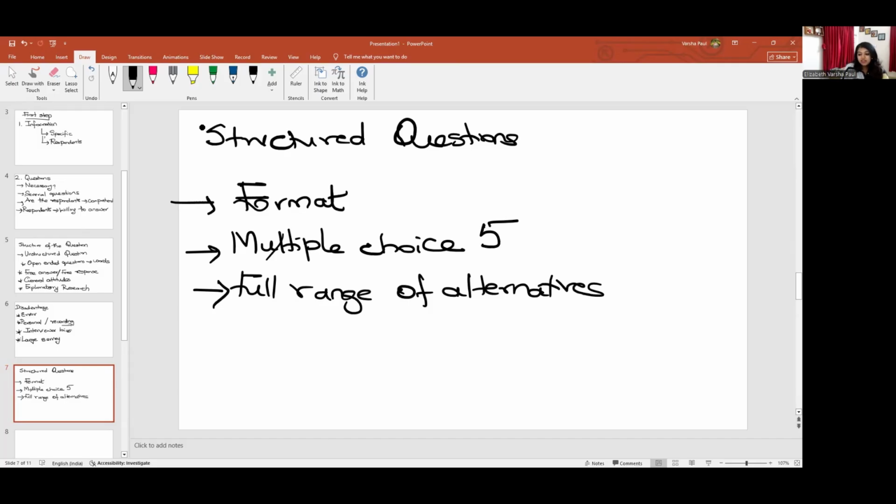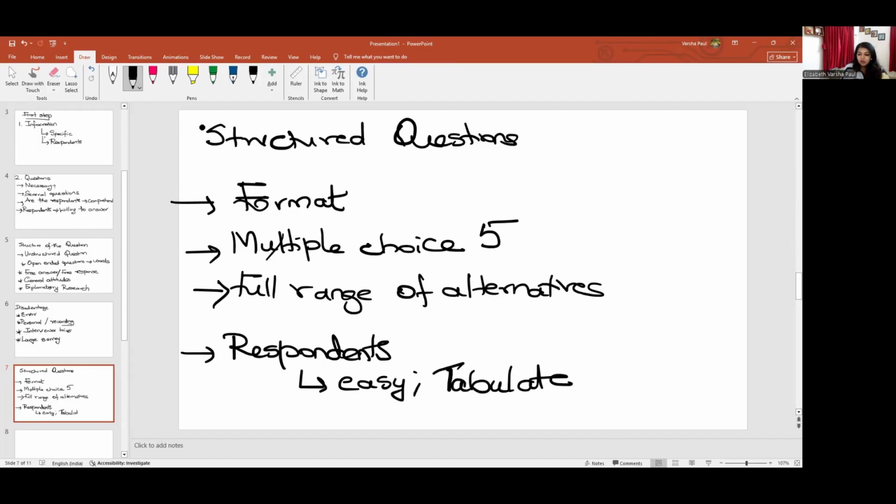And the alternatives have to be mutually exclusive, which is very important. It's easy for the respondents to answer, and easy for them to tabulate, unlike open-ended questions. And the main thing, the bias is also reduced, unlike unstructured questions.